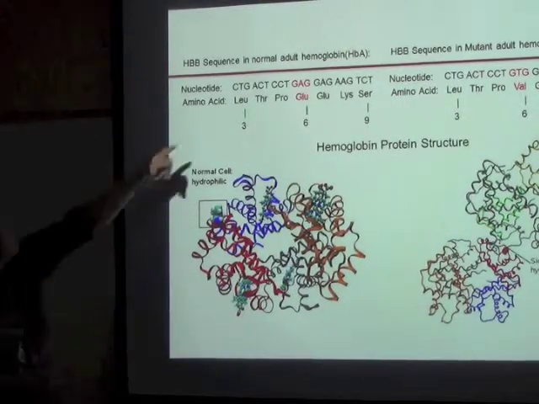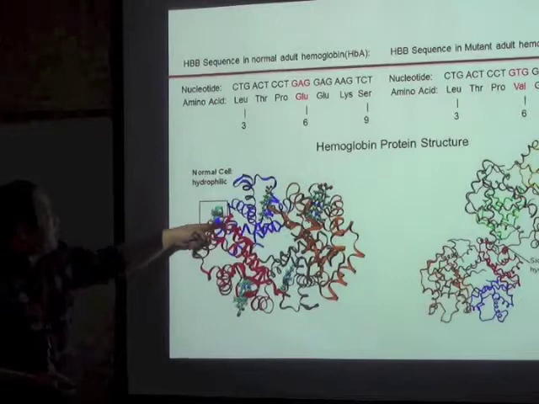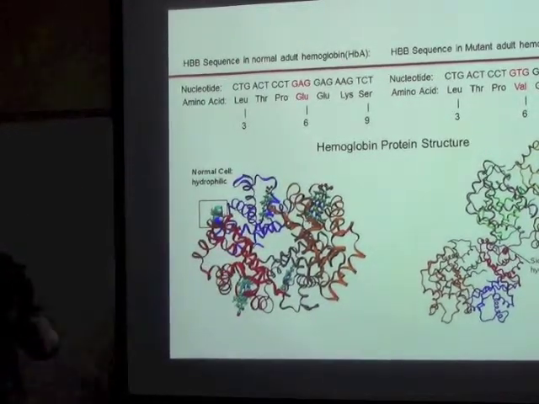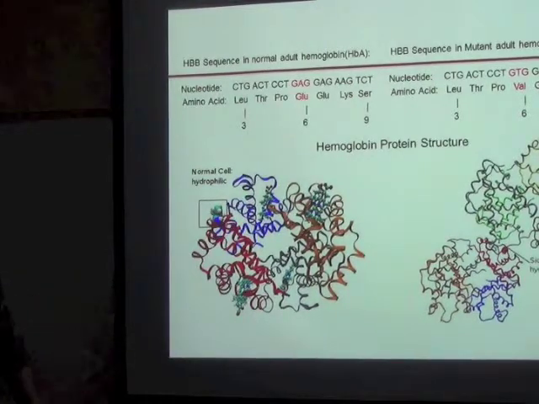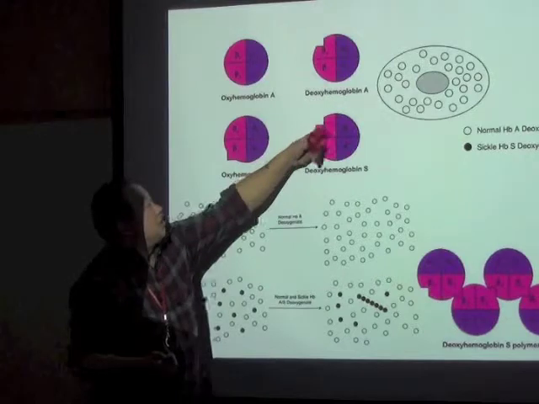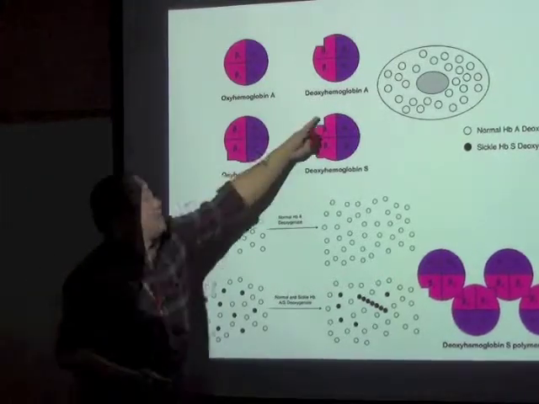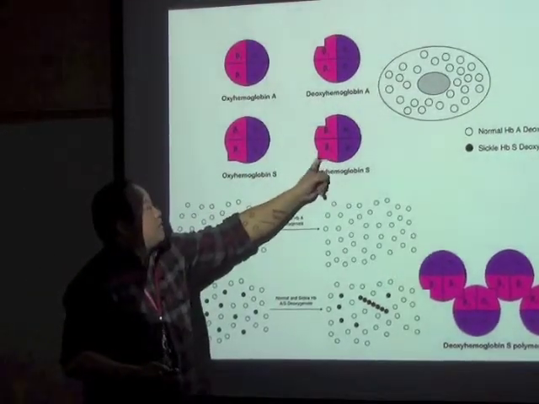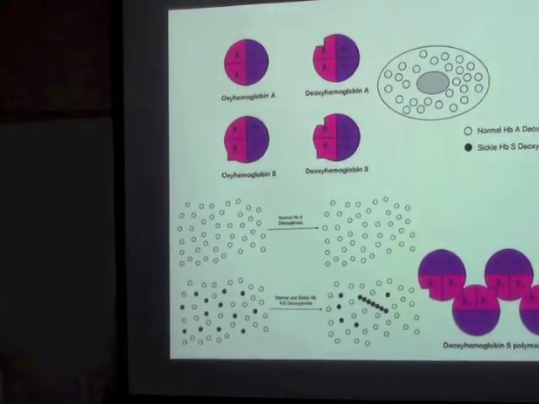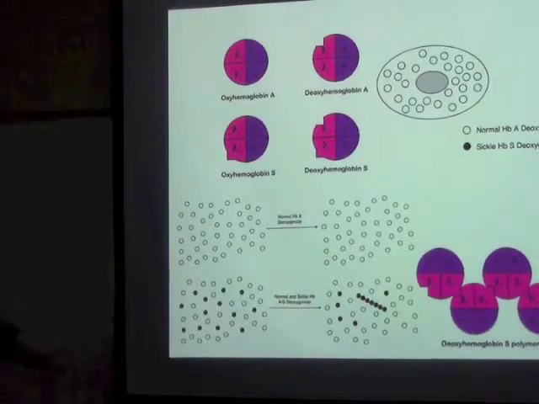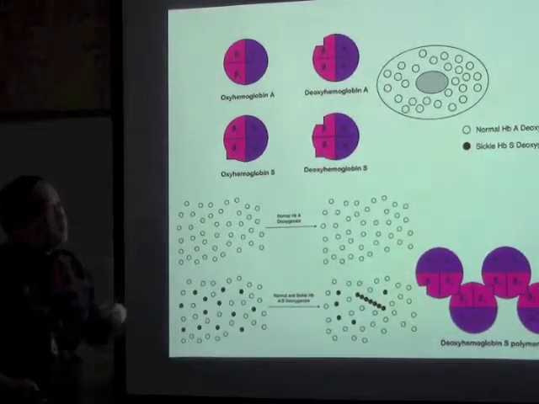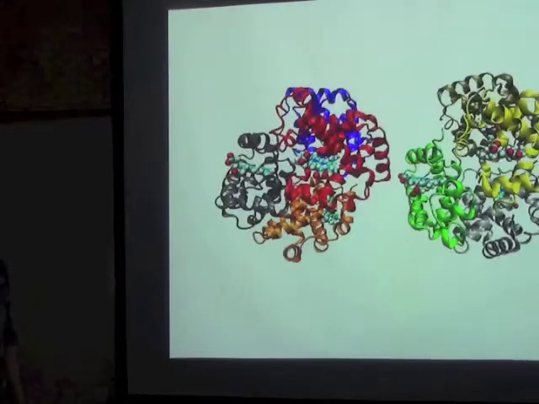Because of this mutation, one section of the quaternary structure changed from hydrophilic to hydrophobic. As a consequence, in the oxygenated state, they have a kink. This hydrophobic side matches with that side, so you can form the chain. And essentially the chain makes the sickle cell hemoglobin very stiff.